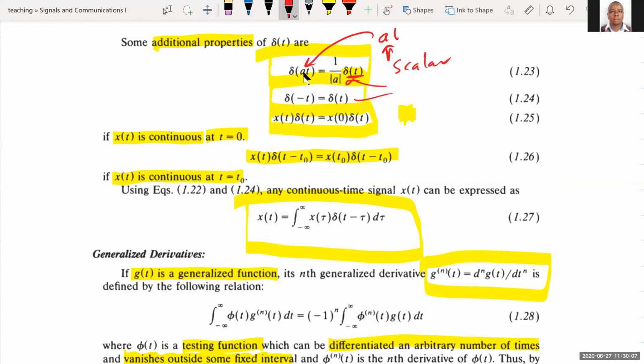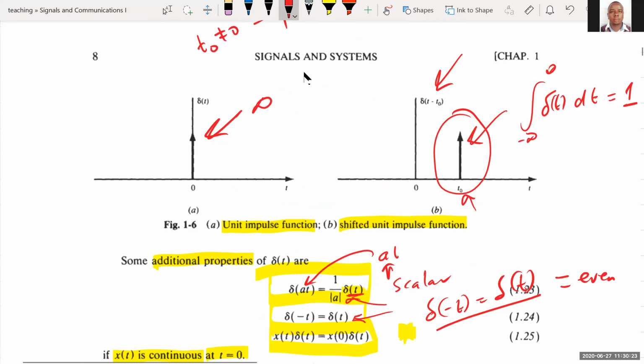The other point about the delta function is that delta of minus t is equal to delta of t. So it is an even function, from what we said yesterday. If you have minus t naught at a point, my function will still be defined at that point. So these two are going to be the same. They have the same value of infinity, and the integral will still give us a 1.